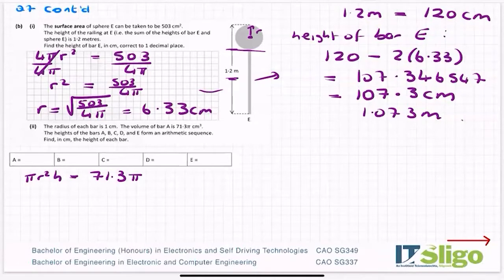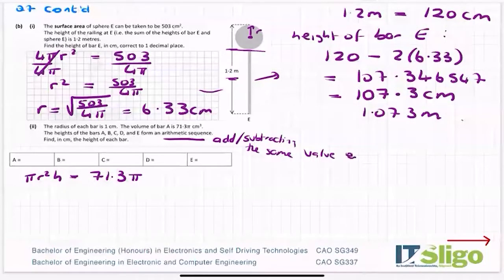The heights of the bars A, B, C, D, and E form an arithmetic sequence. Okay, so in an arithmetic sequence, we're adding or subtracting the same value every time. And that's how we move from term to term in the sequence.